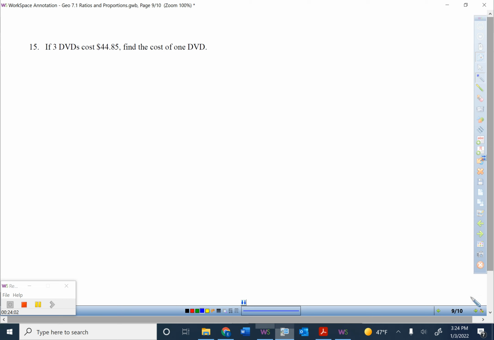Okay, this one you wouldn't have necessarily had to set up a proportion for because it is straightforward, but I do want to show you how it works. Okay, we've got DVDs and cost as our two things being compared. So 3 with the DVDs, $44.85 with the cost. And we want to know 1 DVD is what cost.